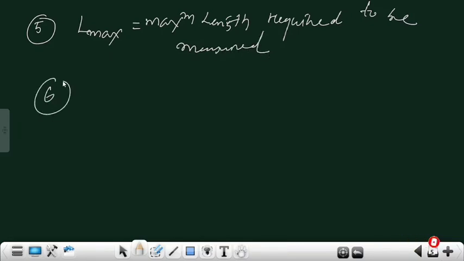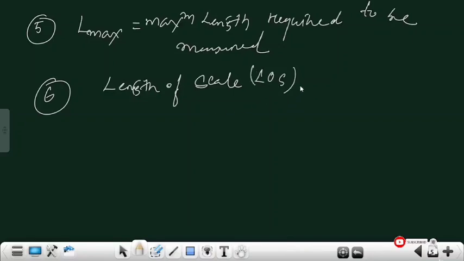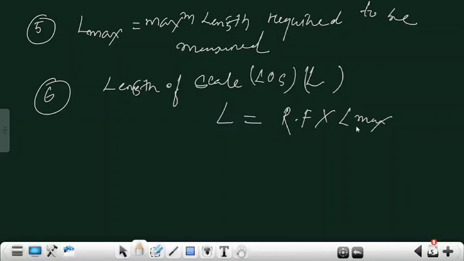And the next parameter, which can also derive the L max formula, is the length of scale. We can denote it L, which is L equal to RF into L max, in which we can find L max by L divided by RF, where L is the length of scale, that means drawing scale, and L max is the object length. Okay, these are all 6 parameters.